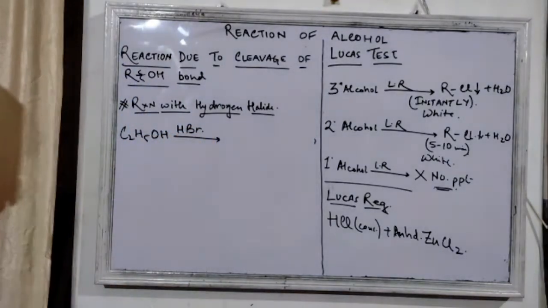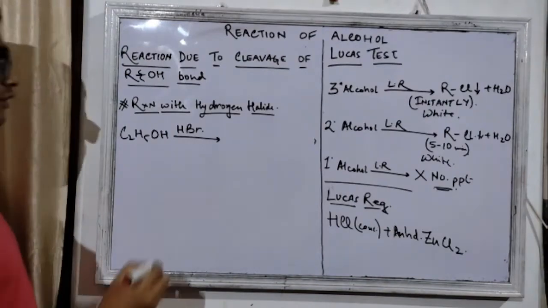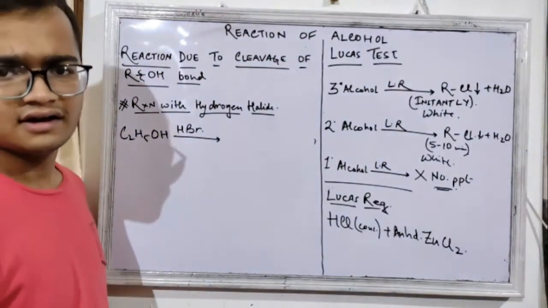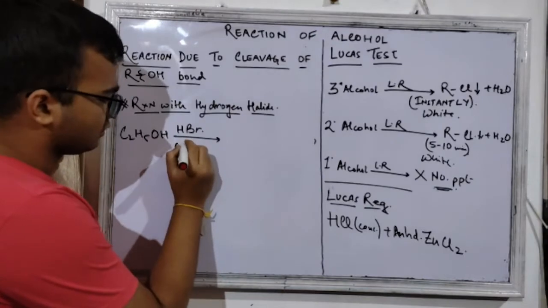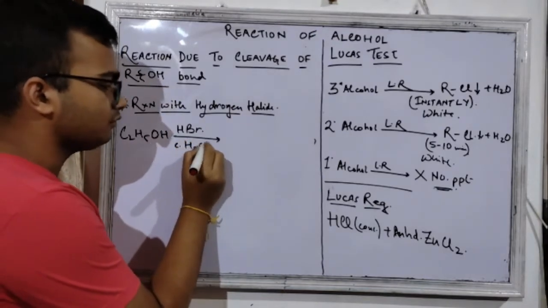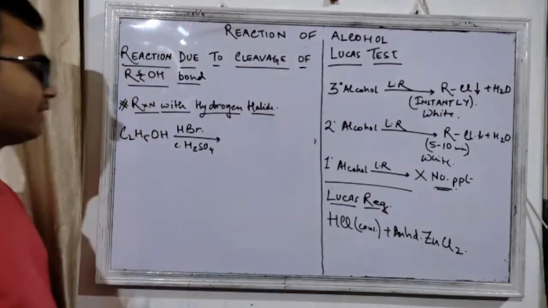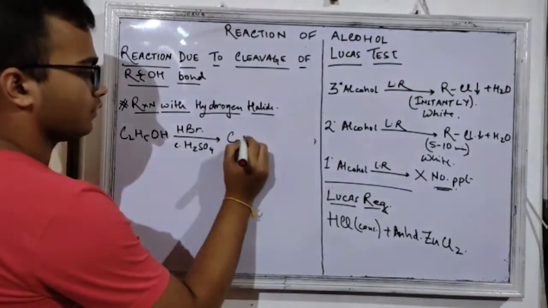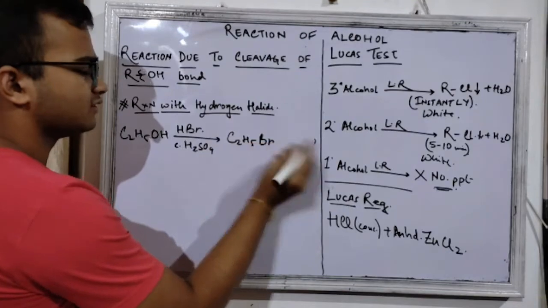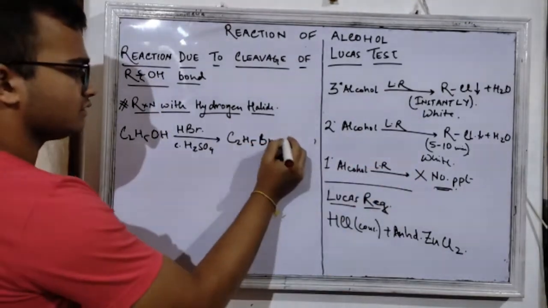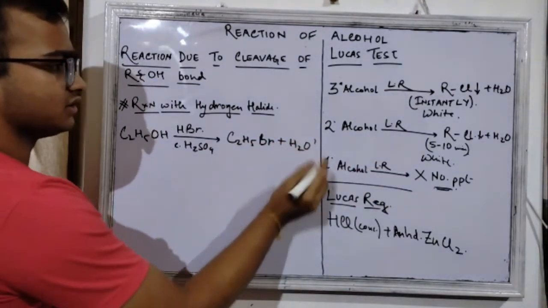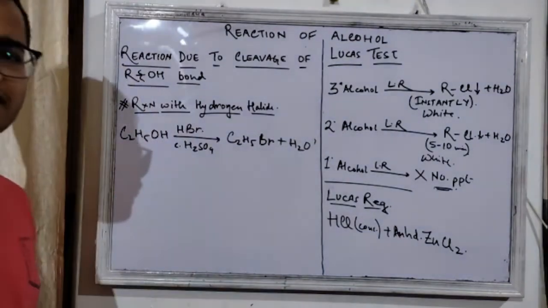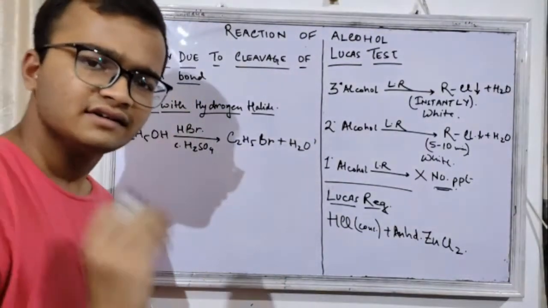Here we have to take an acid. There I took HCl, but here we can take concentrated H2SO4. So what will happen is C2H5Br will be formed. This is a similar sort of reaction as that one, but this is not the Lucas test. The Lucas test is performed with anhydrous ZnCl2 and concentrated HCl.